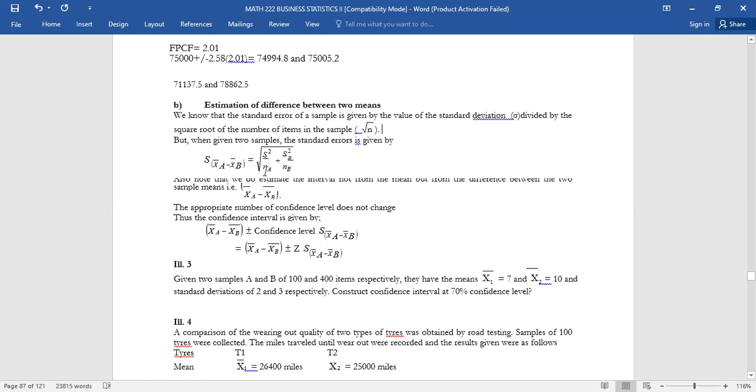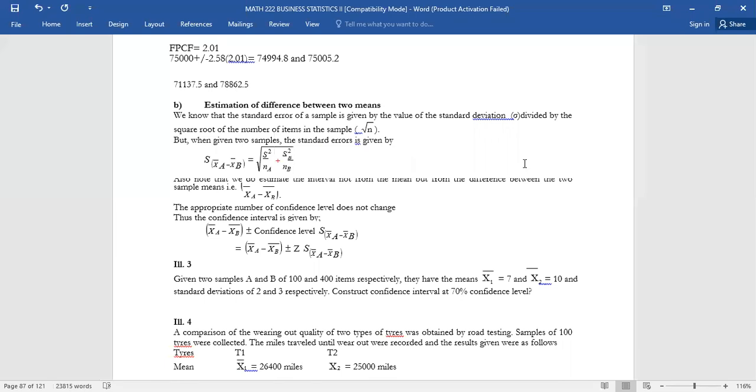But when given two samples, the standard errors will be added, and this is where students go wrong. We are trying to get the difference of the two means, and the common wrong answer will be drawn if you use a negative sign, because you are going to get different results. Are we there?